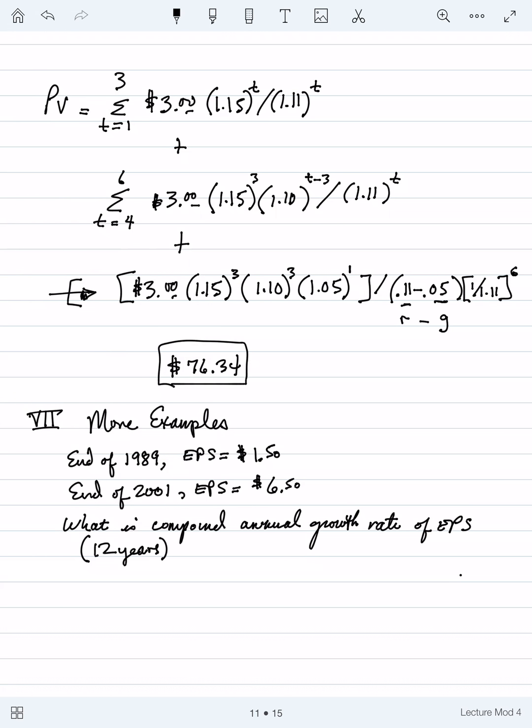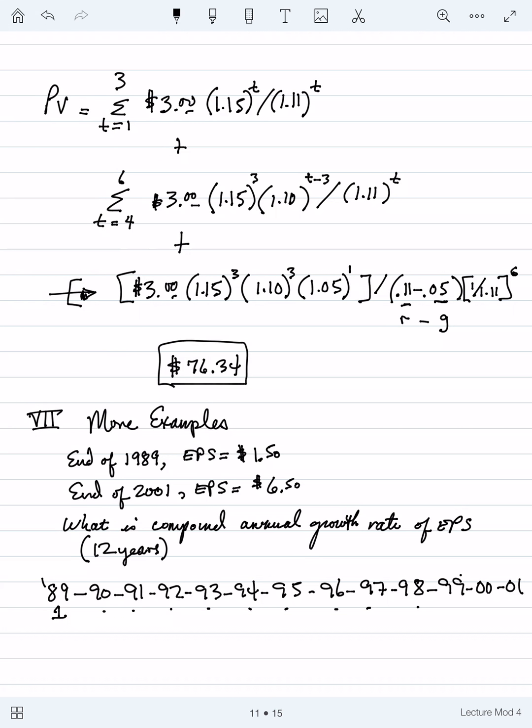Now notice it goes 1989, then 90, 91, 92, 93, 94, 95, 96, 97, 98, 99, 2000, and 2001. So you see 13 whole years, but how many growth rates are calculated in those 13 years?